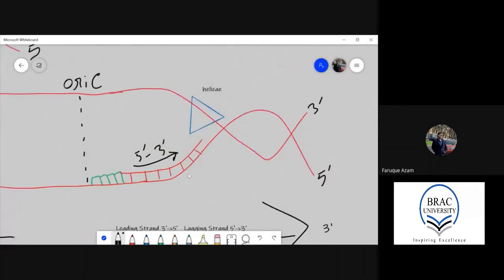Yes, 5 to 3. Why? Because you have to consider the movement of the replication fork. So replication is moving rightward, and the rightward movement here is from the 5 to the 3 prime end.